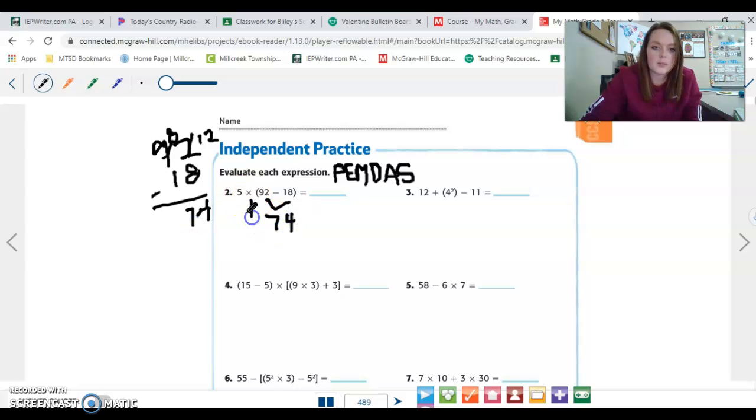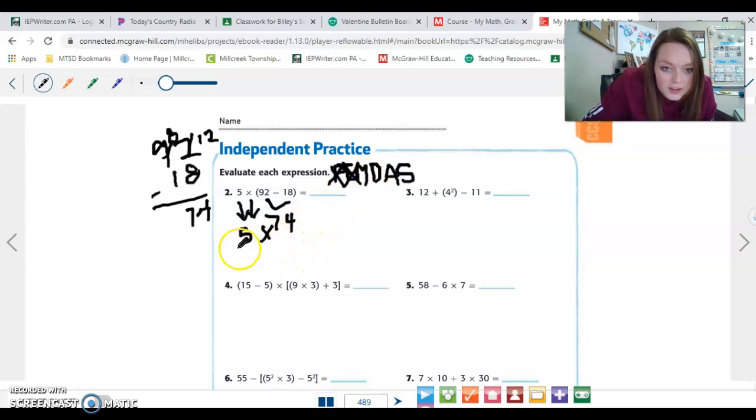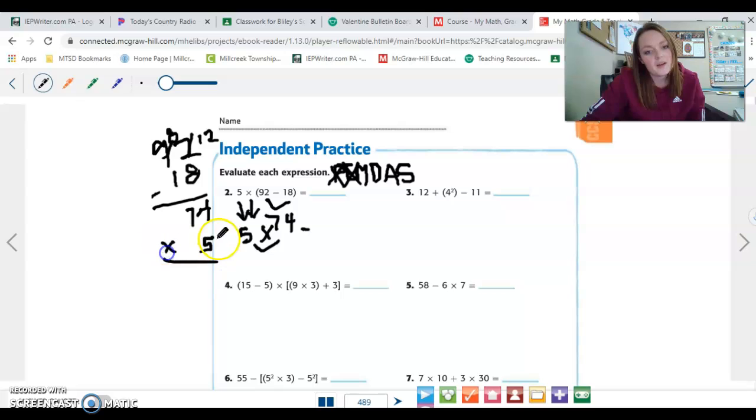I'm going to bring down my 5 and my multiplication sign. 5 times 74. No exponents. Now I have multiplication. 5 times 74. I'm going to multiply. 5 times 4 is 20.